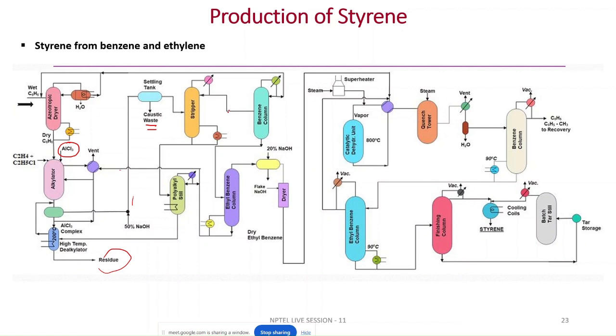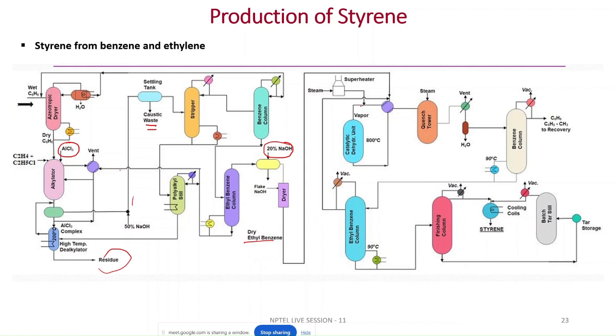Then it is sent to the stripper, and from the benzene column the top product, benzene, is recirculated and passed to the azeotropic dryer every time to dry the benzene, since it should not contain much water. From the benzene column, the ethylbenzene is separated out as a bottom product and can be recirculated back to the alkylation reactor. The top product is washed again with 20% NaOH, and from the dryer we get dry ethylbenzene, which is now ready for the next step.